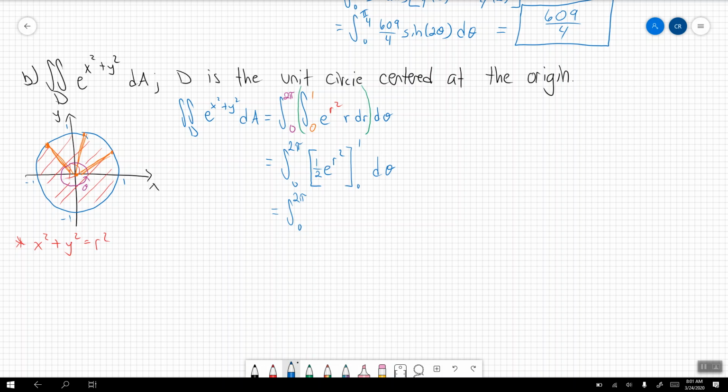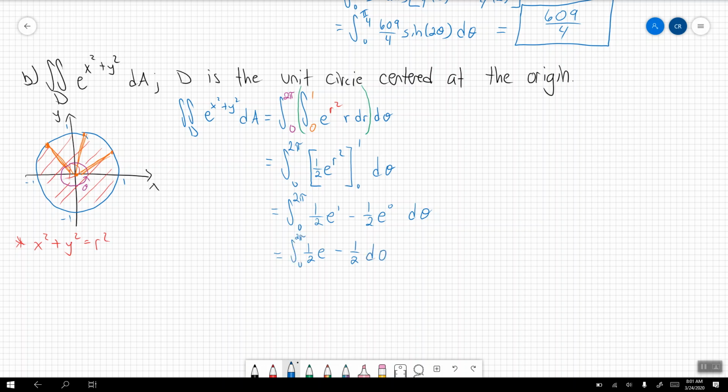Let's evaluate using r's. All right, so evaluating using r's here, this is going to be 1/2 e to the power of 1 minus 1/2 e to the power of 0, and this is d theta. All right, now naturally this is going to get us 1/2 e minus 1/2, and this is going to go from 0 to 2 pi.